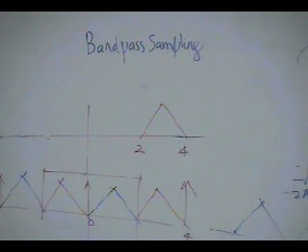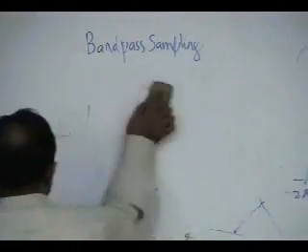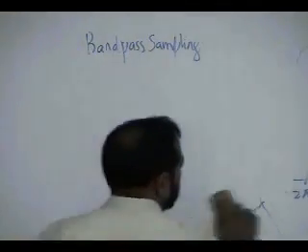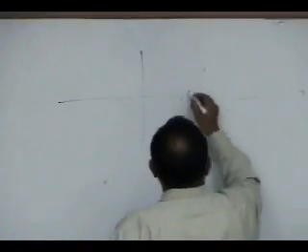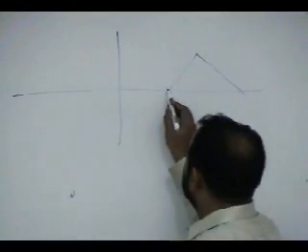Otherwise you can't do it. Okay? This is only possible if your signal is only at 70 megahertz and then the rest of the spectrum is clean. If the rest of the spectrum is not clean, then obviously you cannot do it, because you will be aliasing. For example, if you have a signal here, okay, but there is some noise here.